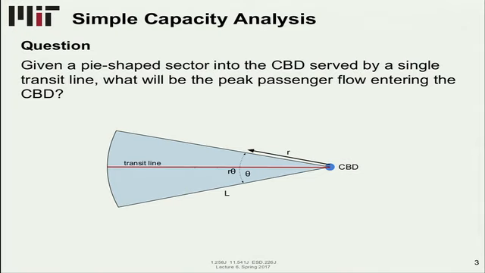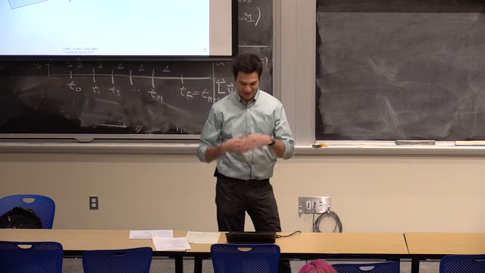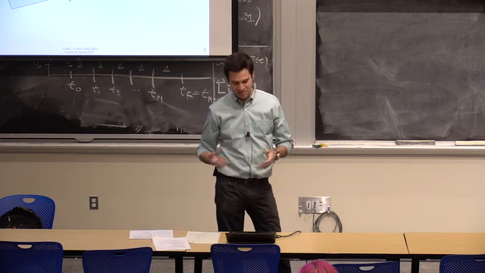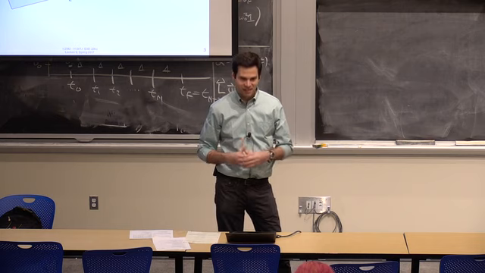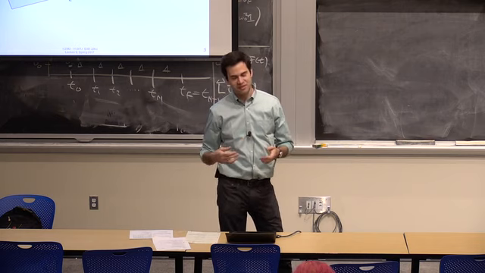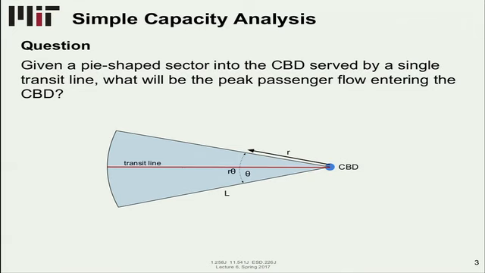Let's start with that simple capacity analysis. This is a theoretical exercise, but it gives you some idea of how one might approach estimating what capacity you need for some service if you have nothing to go on. So the problem is, given a pie-shaped sector into the central business district served by a single transit line, what will be the peak passenger flow entering the central business district?